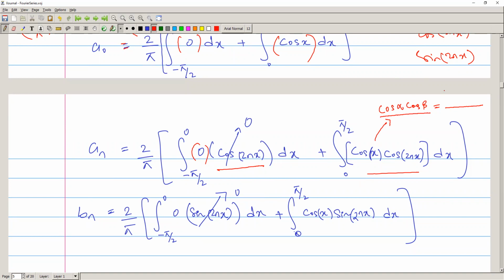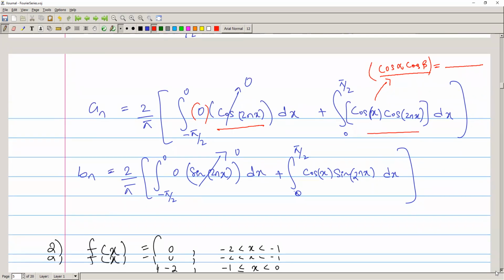Cos alpha cos beta is equal to some addition of these cos or sine of alphas, right? You may find it in the books. So you can solve this integral by transforming from the product form to summation form, right?